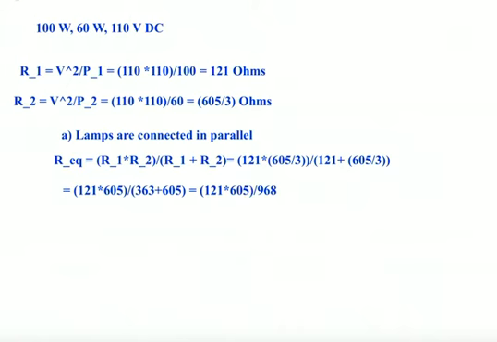Whatever the value may be, what we want is current. Current flowing through the circuit, I equals V upon R equivalent. What is V? 110. So 110 into 968 divided by 121 into 605.